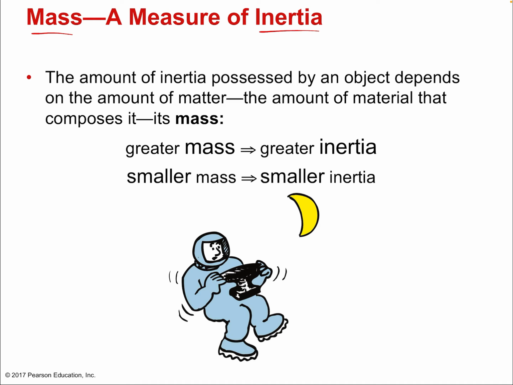The amount of inertia possessed by an object depends on the amount of matter, okay? As we'll talk about later, the number of atoms that compose that object, the amount of material that composes it. It's mass. Greater mass, greater inertia. Smaller mass, smaller inertia. All right? No size here, no density, just mass, right? Shape doesn't matter, it's just mass.